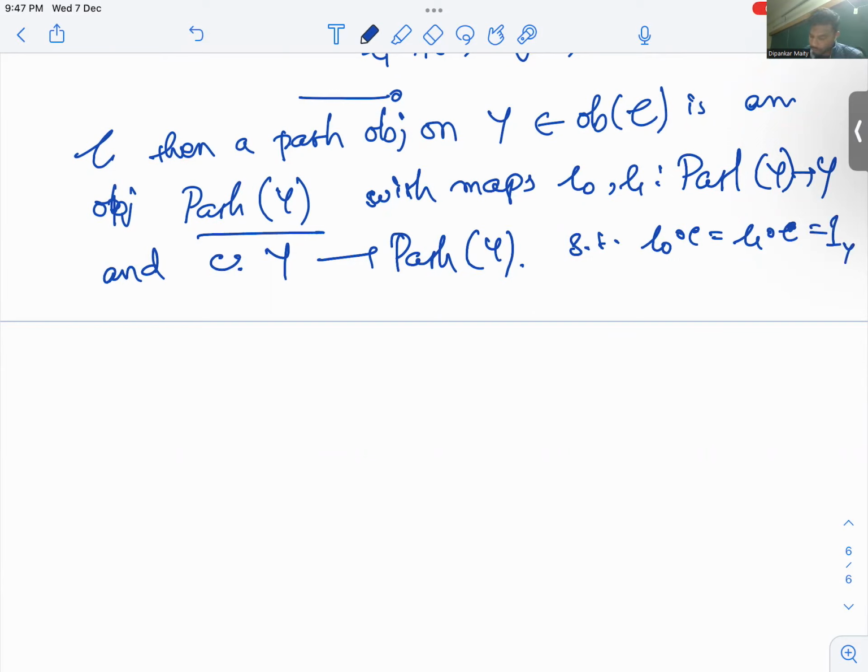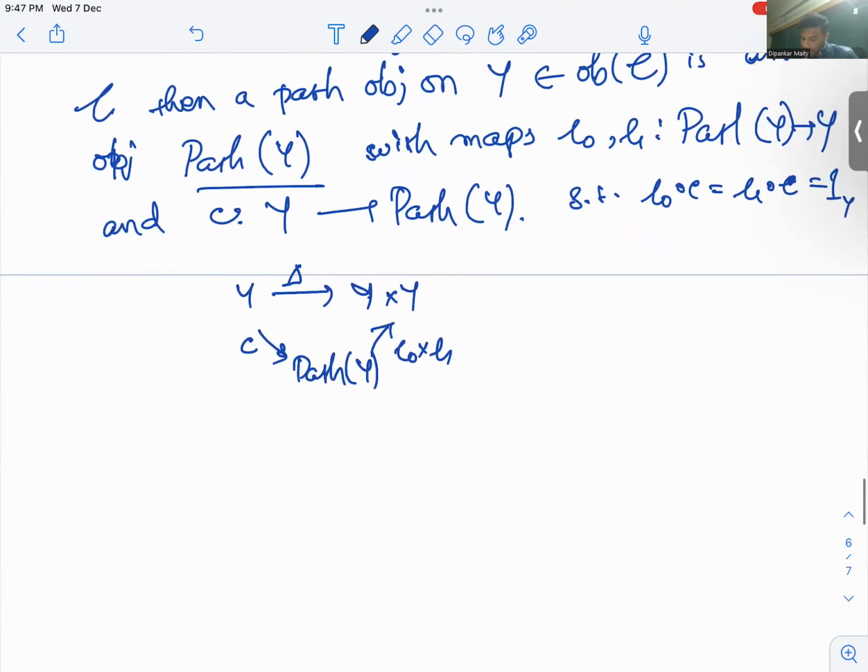What this is doing is factorizing the diagonal map. In the case of the cylinder structure, it was factorizing the codiagonal map. In this case, it is factorizing the diagonal map Y to Y plus Y. Right? This is L0 plus L1.